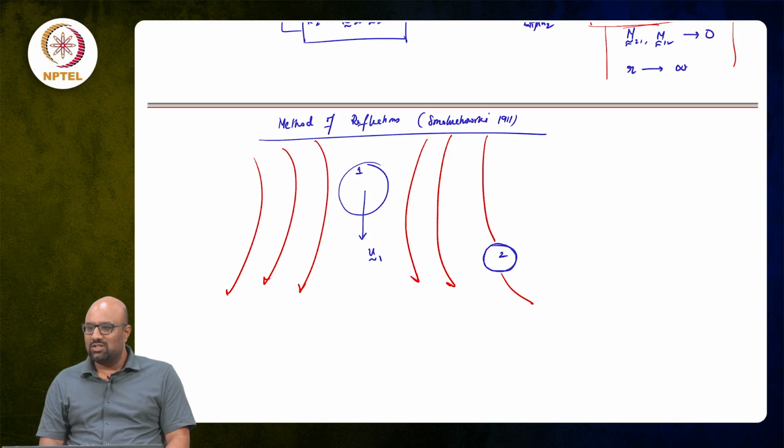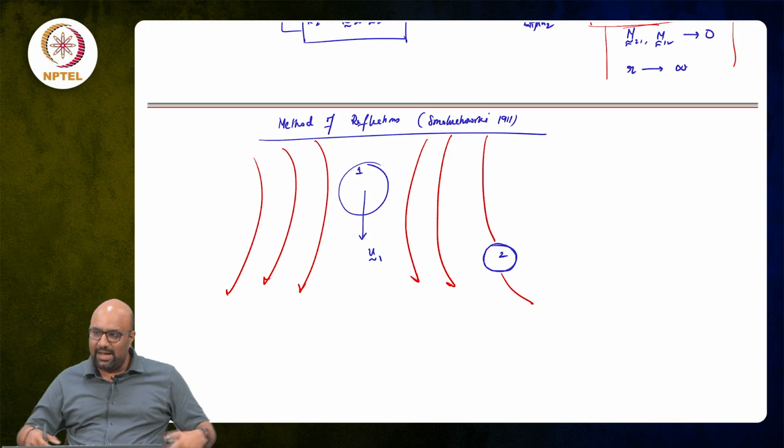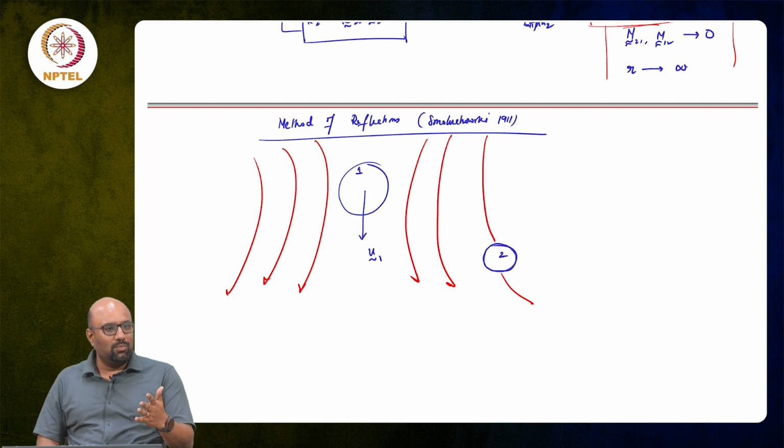What sphere 1 is doing is churning the flow. As it churns the flow and creates this disturbance, it is going to push and deflect sphere 2. So imagine sphere 2 was just stationary. As sphere 1 moves, automatically sphere 2 is going to get a kick and it will move.